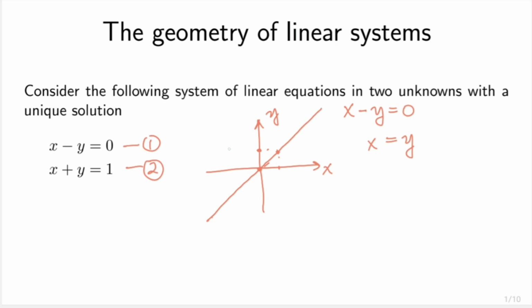Let me label it 0, 1. And then when y equals 0, x is also equal to 1. So that means that the point 1, 0 is on the line. Let me label it 1, 0. So we can join these 2 points with a straight line, and then we get a graph of that. So let's do that.